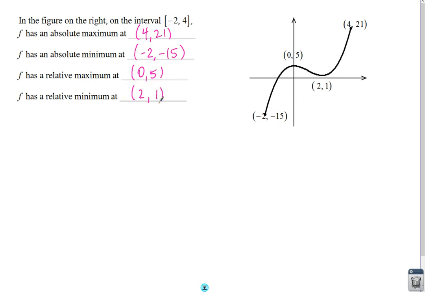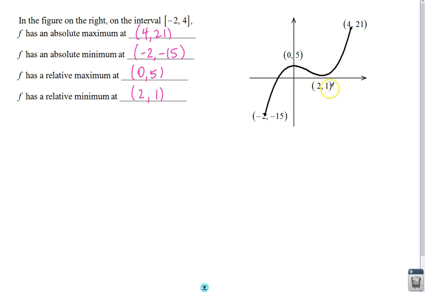Okay, now notice I didn't specify that these could also be relative, because relatives can only occur on open intervals. Okay, so now granted this has a closed interval. I get what some of you are maybe raising your eyebrows for, but if I were to look at just a random open interval around this point, 0, 5 is the location of my relative maximum.